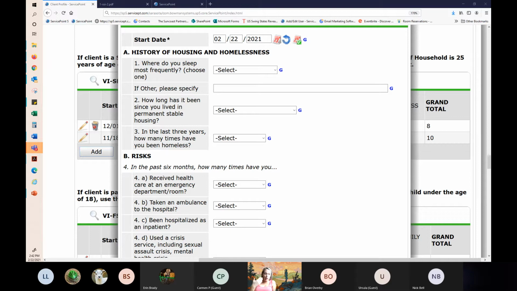So clients, just like all of us, tell the story that you want the person to hear, because you're trying your hardest to get into the system so you can stop being homeless. I think having that honest conversation up front is key: hey, this is a triage tool. Tell me your story so I can enter it correctly and get you connected to the services that you really need.